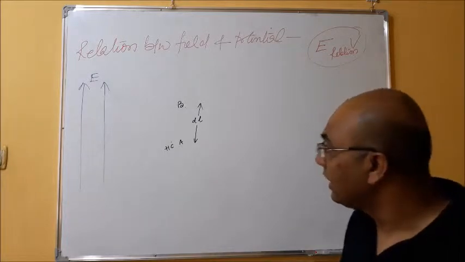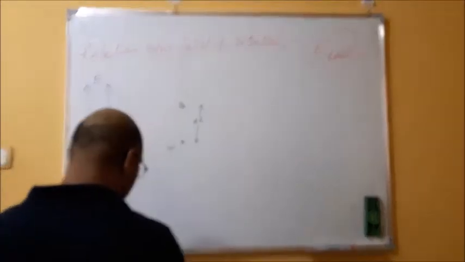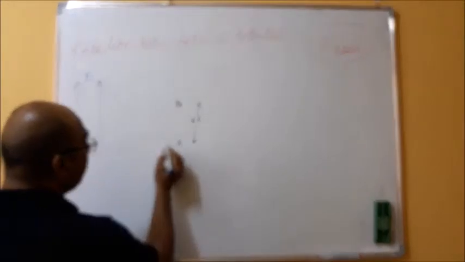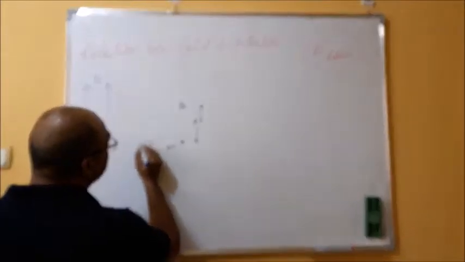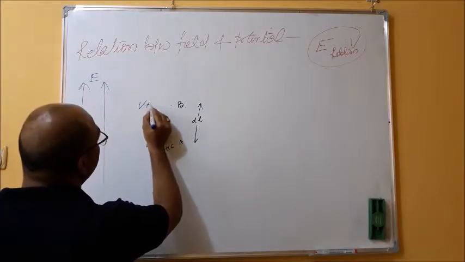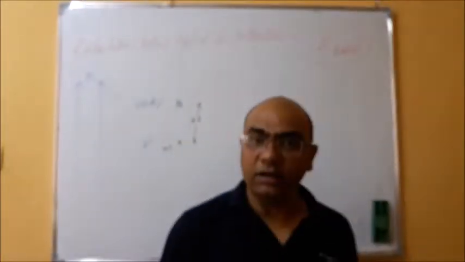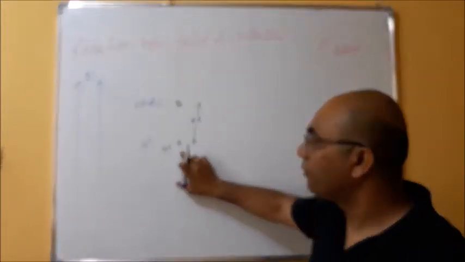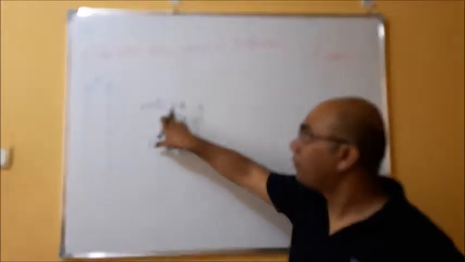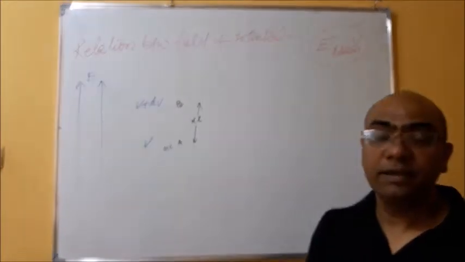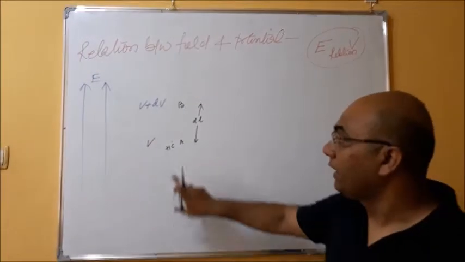So you see, suppose at the point A we have potential V, and at point B we have potential V plus dV, right?